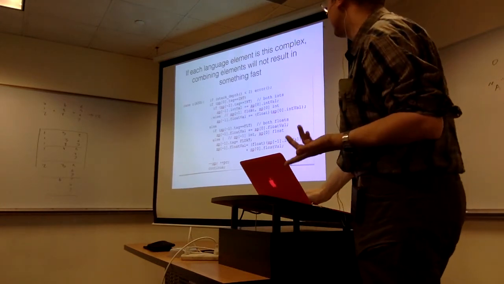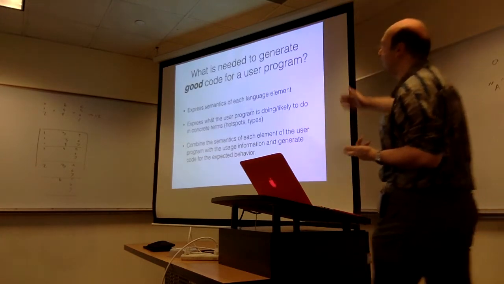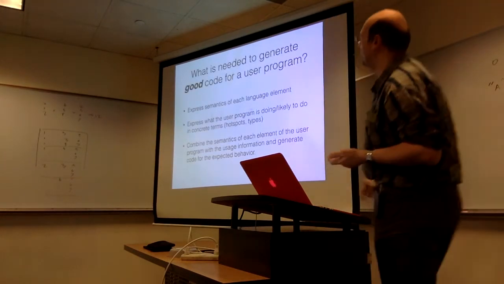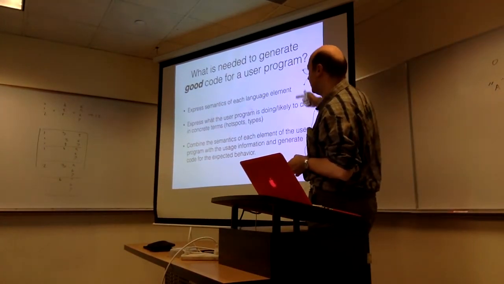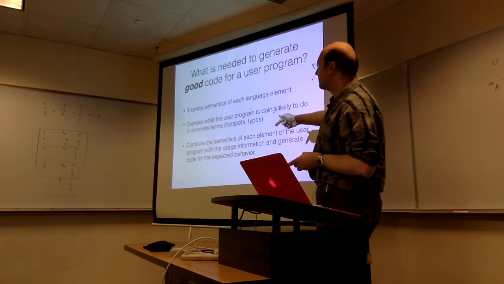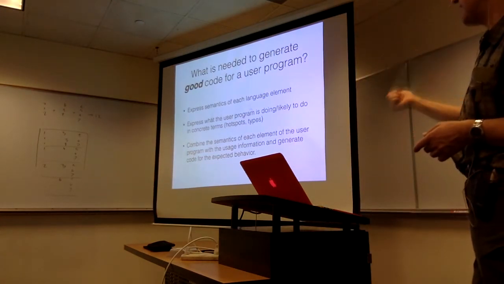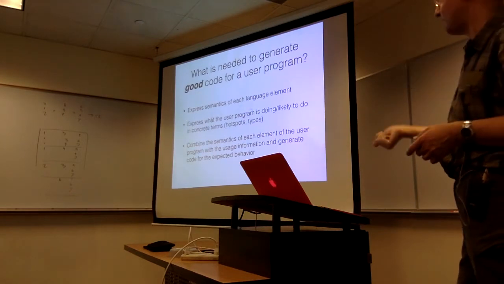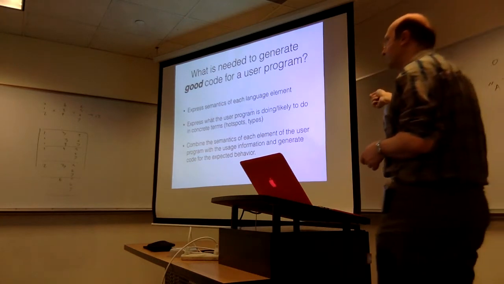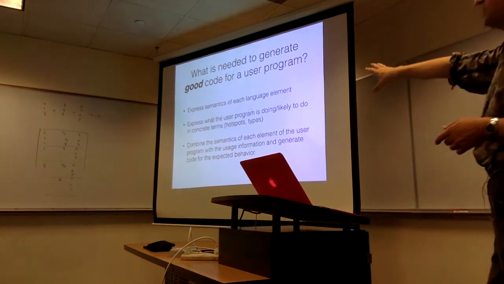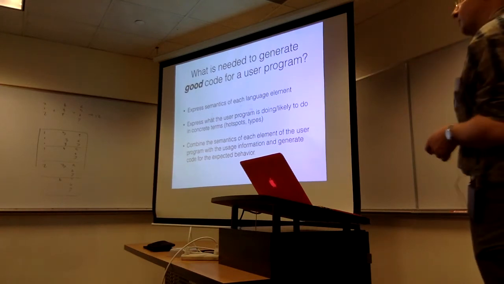What we need is some way of pruning out the part of this that isn't useful. So what we need is to generate good code for a user program. And that requires what we had before, the semantics and the user program, but we also need to be able to gather information at runtime as to what the program is actually doing, use that as the predictor of the future, and use that to optimize how we select from the interpreter what goes into the compiled code.